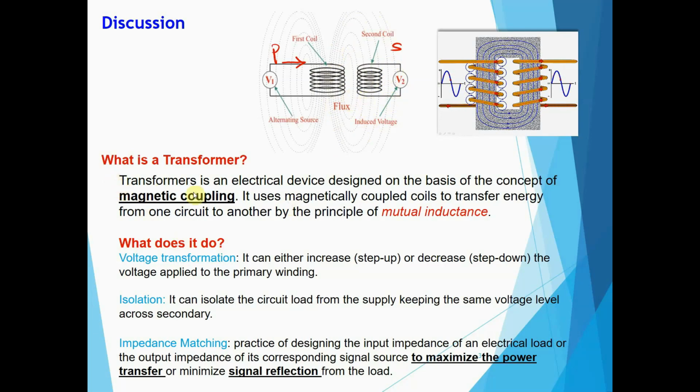A transformer is an electrical device that is designed on the basis of the concept of magnetic coupling. It uses magnetically coupled coils to transfer energy from one circuit to another by the principle of mutual inductance, right?